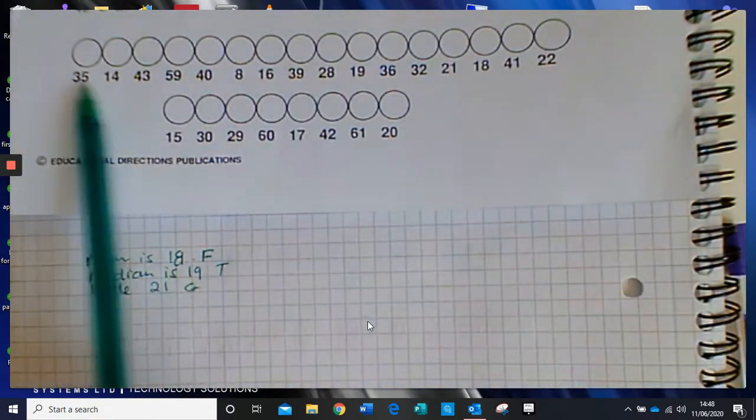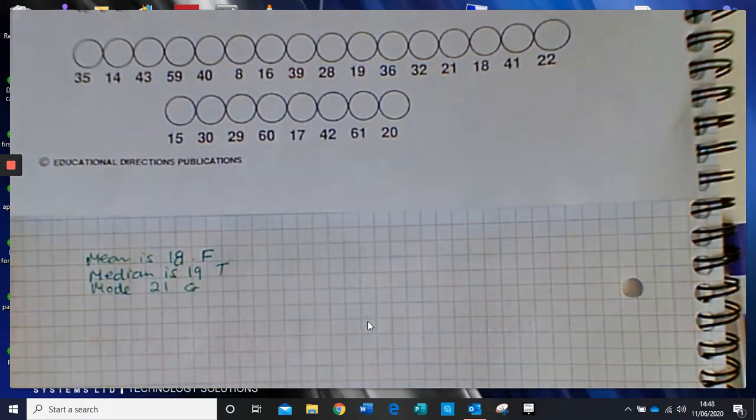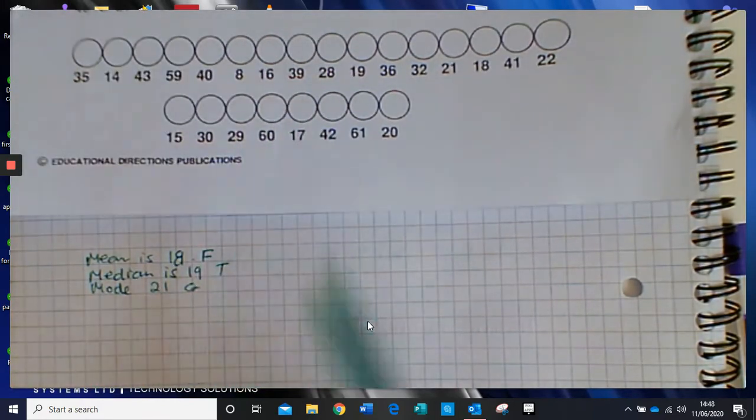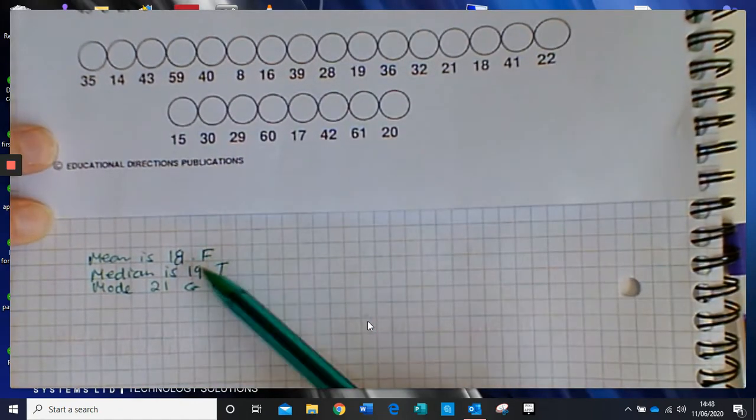What you can do is just copy those numbers down, pop them in your book, and I'm going to fill that in.